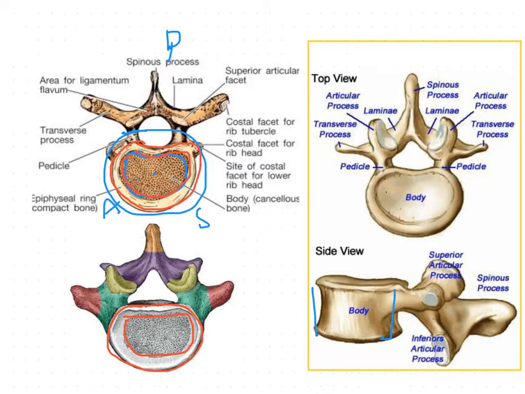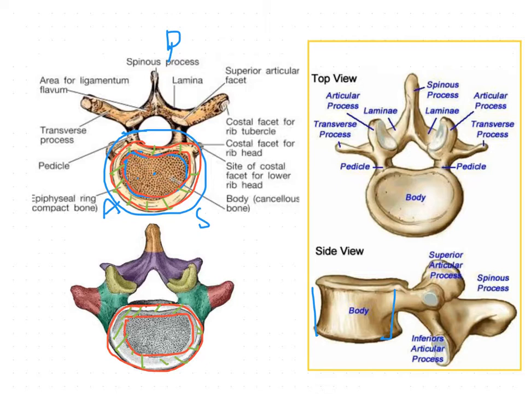The cortical covering on the superior and inferior surfaces is very thickened. Only on the superior and inferior aspects is the cortical bone of the vertebral body thickened, where the epiphyseal plates are present.